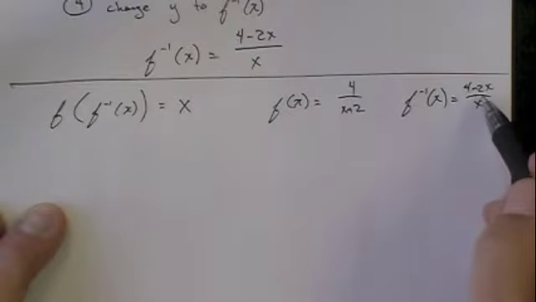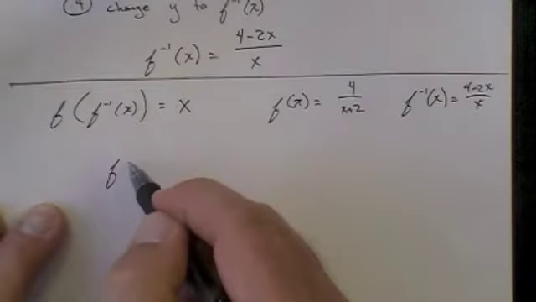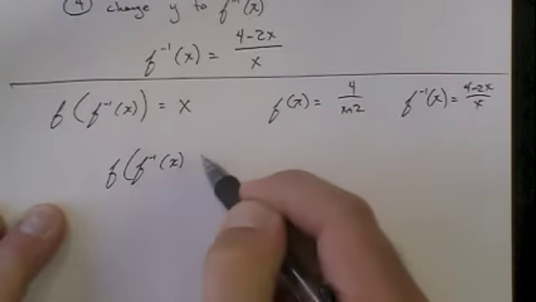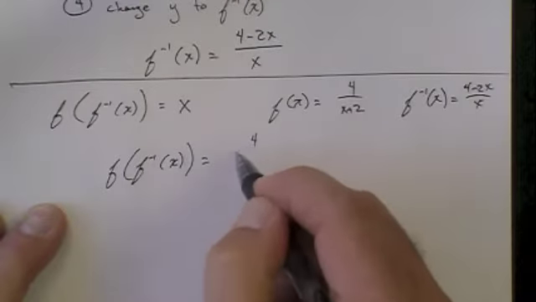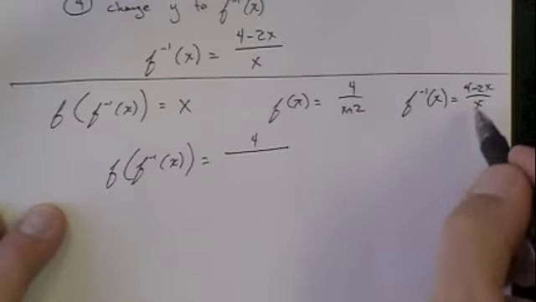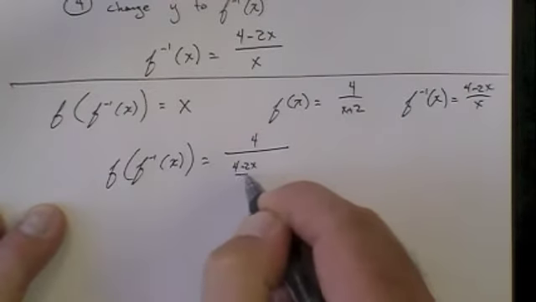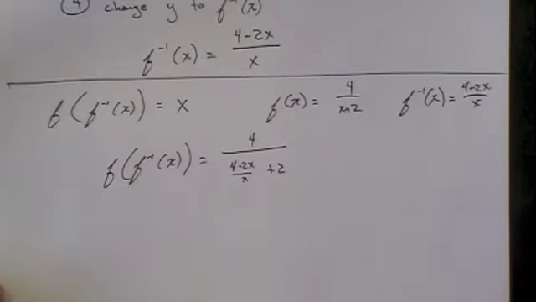So if I plug this inverse value in for my x value here, I have my original 4 over, and in this x value I'm plugging in the inverse, so (4 minus 2x) over x plus 2 this way.